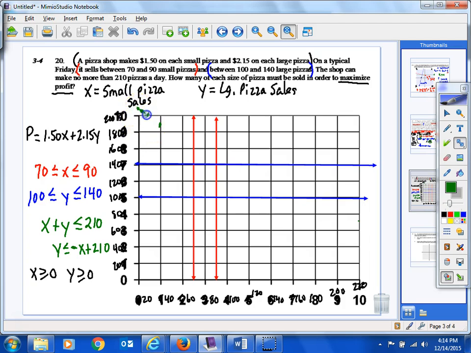Let's see if I can get this line. It needs to be a little bit lower. It's pretty close. Okay, so we can kind of see our vertices here, and our feasible region will be this shaded area inside.